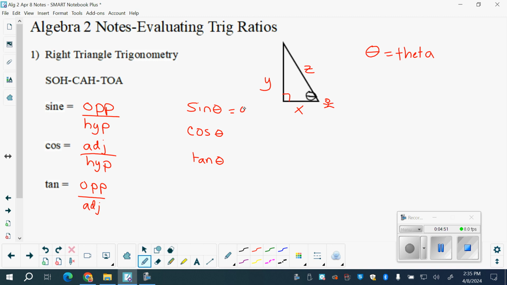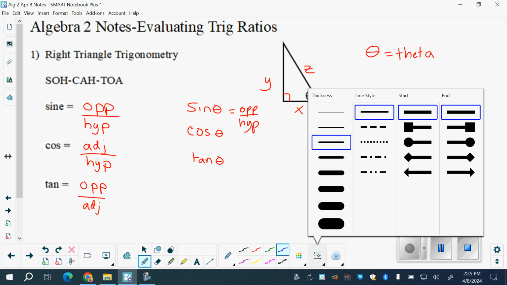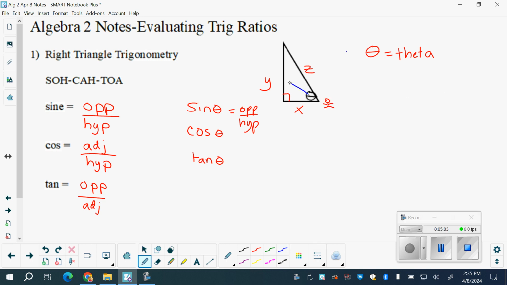So opposite from this angle theta would be where? It would be y. Does that make sense? You're this person and you're looking across there, so opposite would be the y.